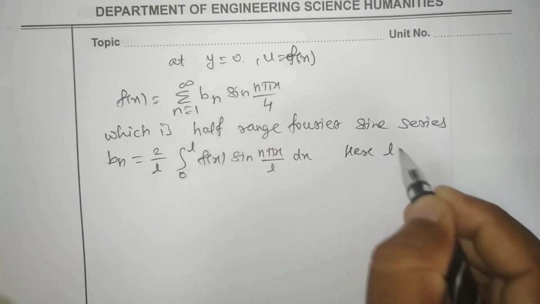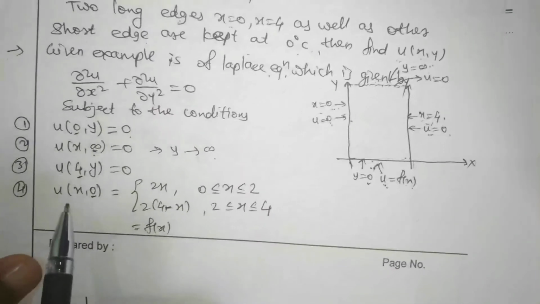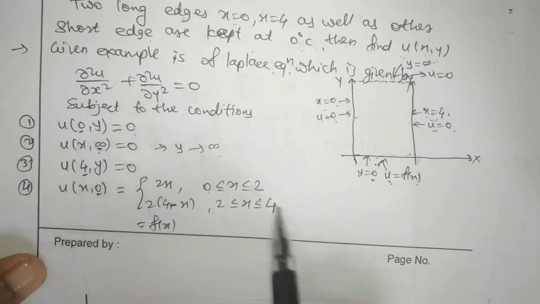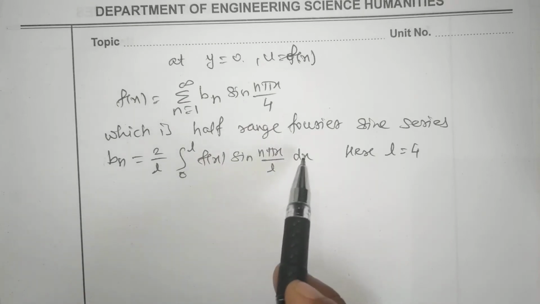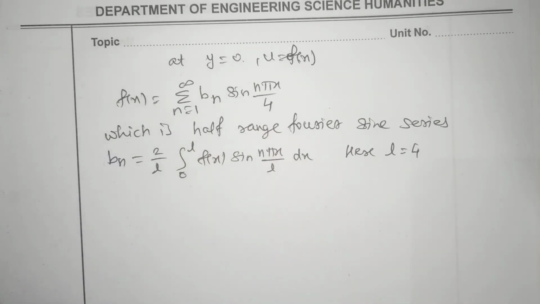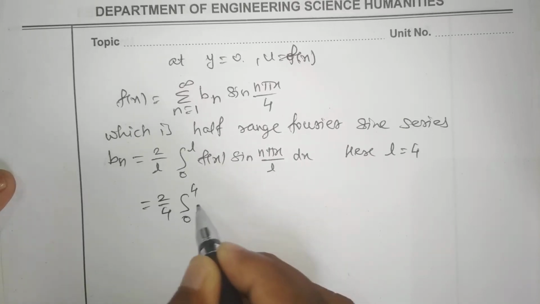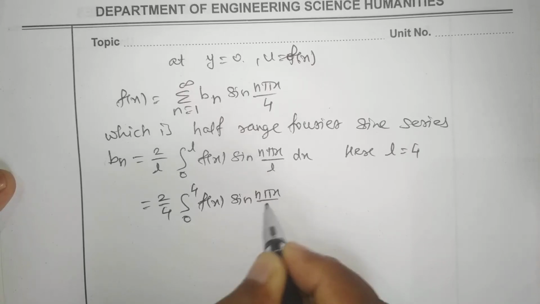Here the value of L is equal to 4. See the length: for u of x comma 0, for y equals 0, x varies from 0 to 4. So this is equal to 2 upon 4 integration 0 to 4 f of x sin(n pi x by 4) dx.